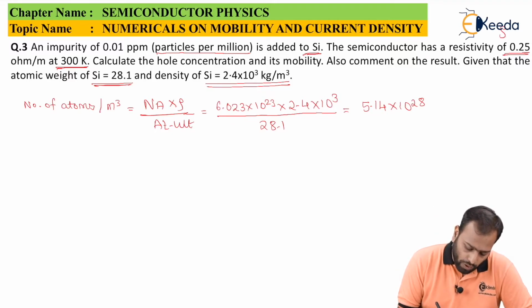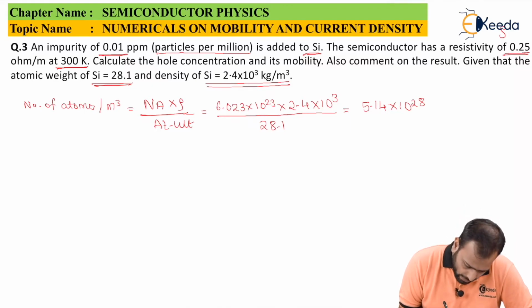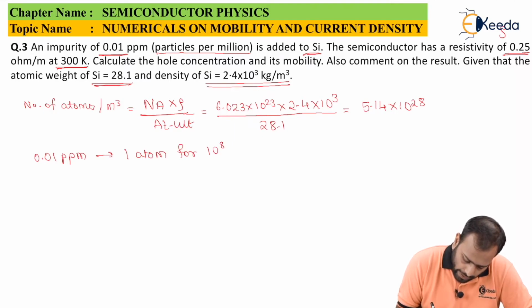Given that the impurity level is 0.01 ppm, which means 1 atom for 10 raised to 8 atoms of silicon.